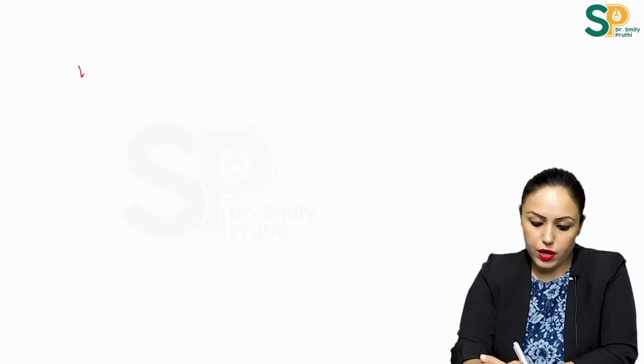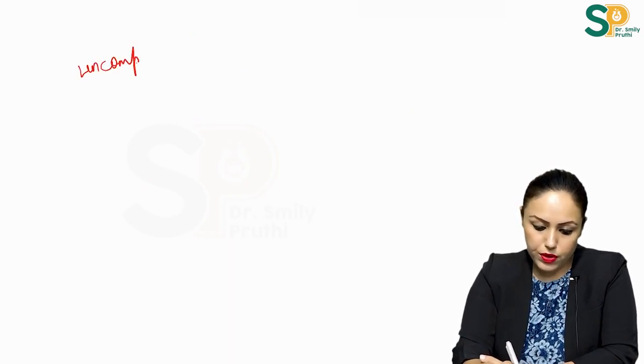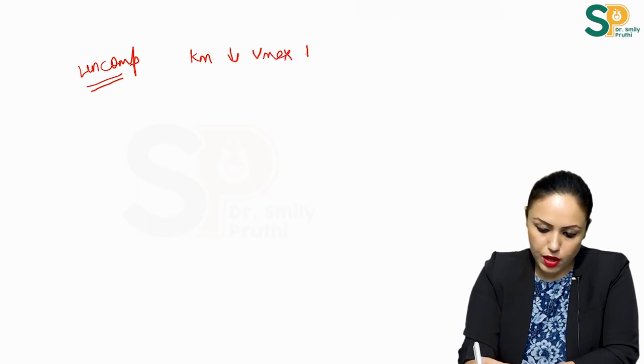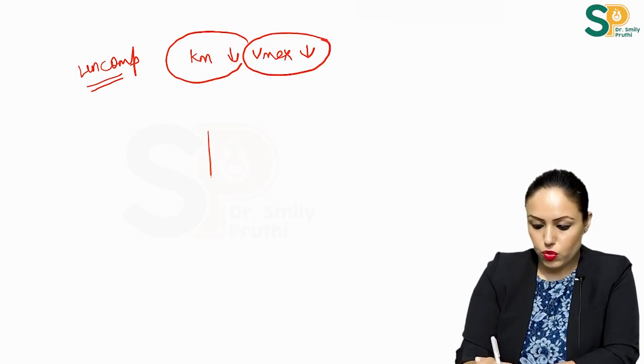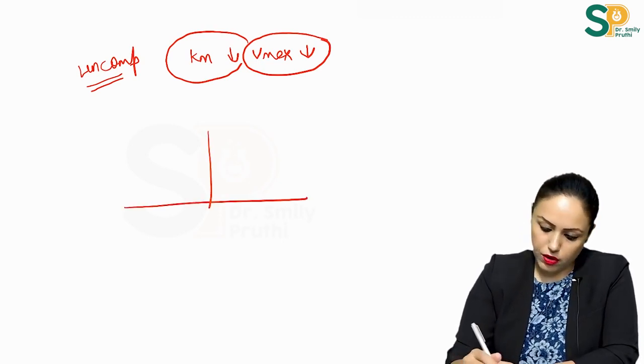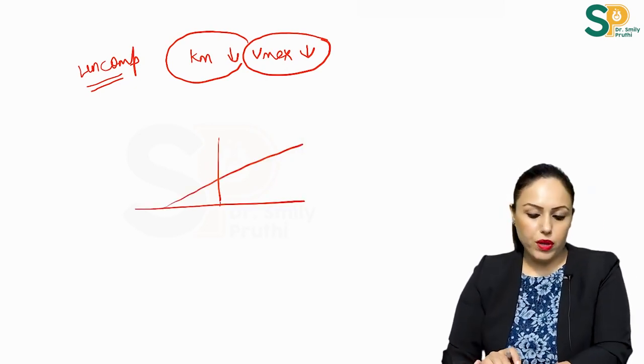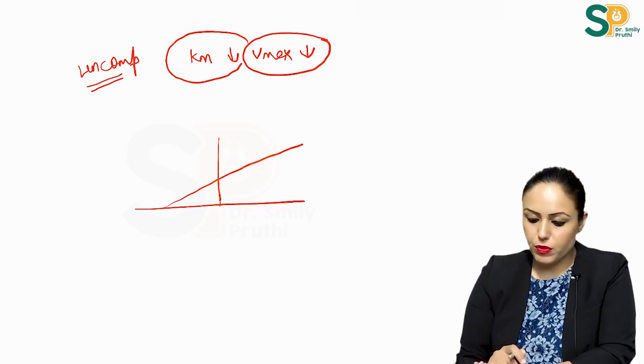Now there's one more kind of inhibitor, the uncompetitive inhibitor, in which both Km and Vmax are decreased. So look at the double reciprocal graph. In this case, let's say this is the normal graph without uncompetitive inhibitor.